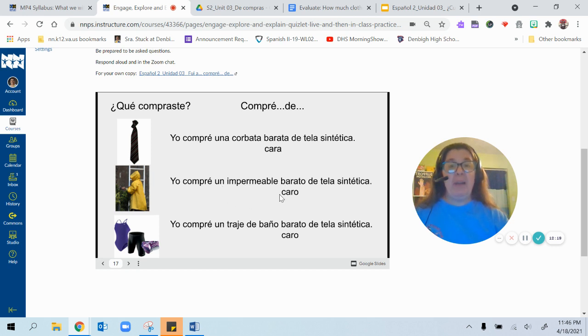Un impermeable caro. Compré un traje de baño barato de tela sintética. Compré un traje de baño caro de tela sintética. Subject, verb, the thing that was bought, then the adjective to describe it. Notice the adjective goes after the noun.